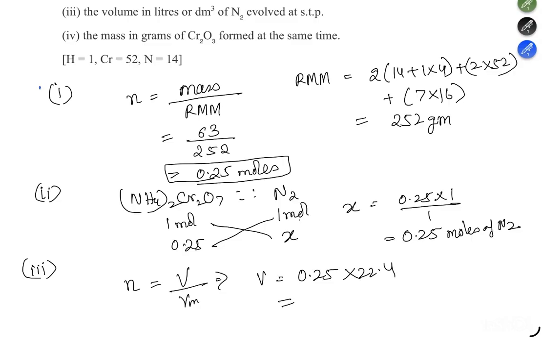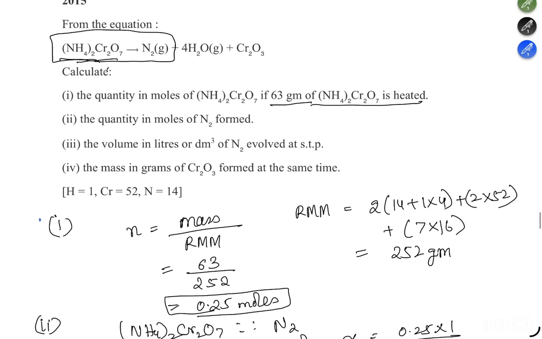So 1 mole of gas always occupies 22.4 liter. So we can multiply by the mole and get the answer. You multiply, you will get 5.6 liter of N2 gas. This is again a 1 mark question. You can just apply the formula, substitute the values and you will get the answer.